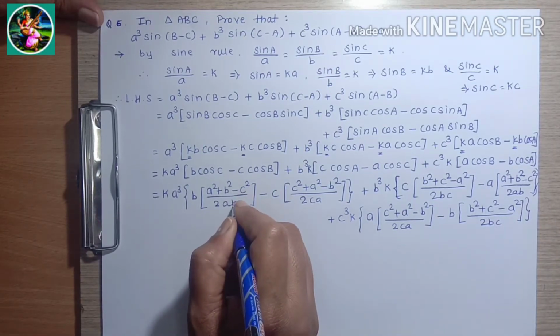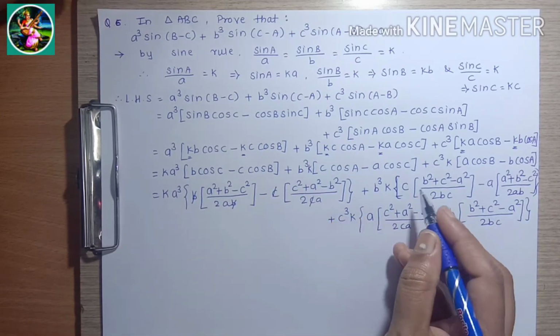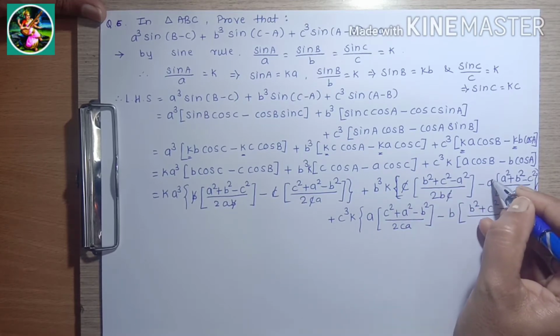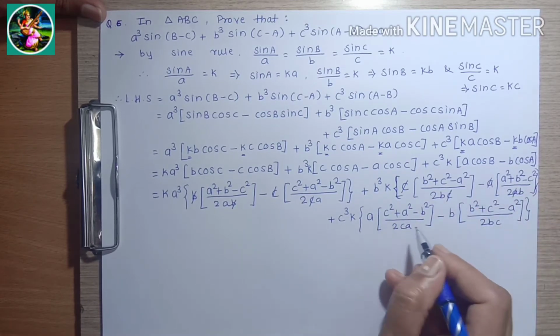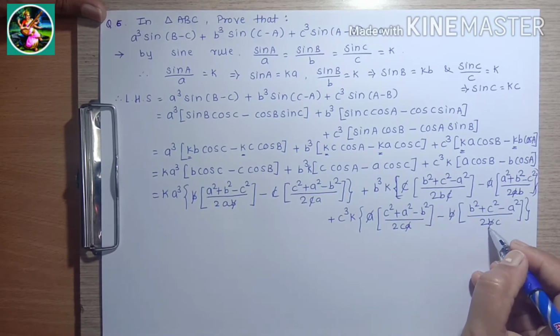Now here bb cancels, cc cancels, cc cancels, aa cancels, aa cancels, and bb cancels.